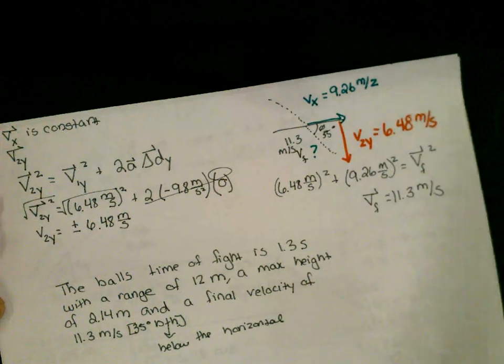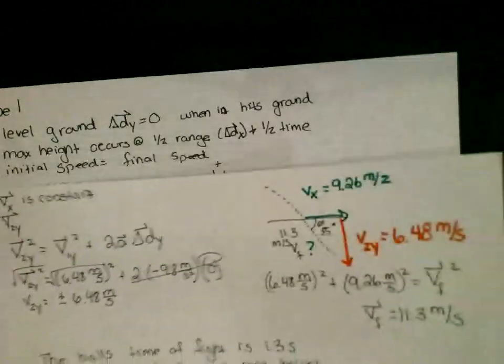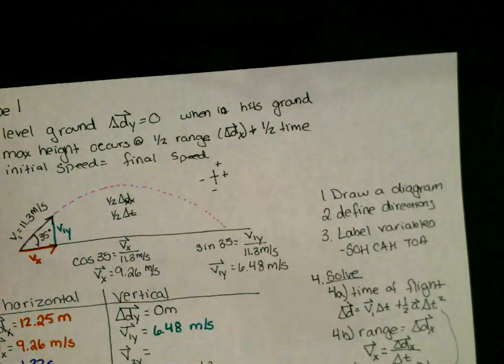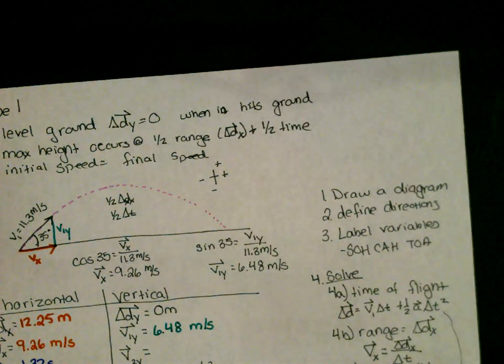So anytime you need to solve a projectile motion problem and you realize that it's a type 1, you're going to follow these steps over here. So you're going to draw a diagram.